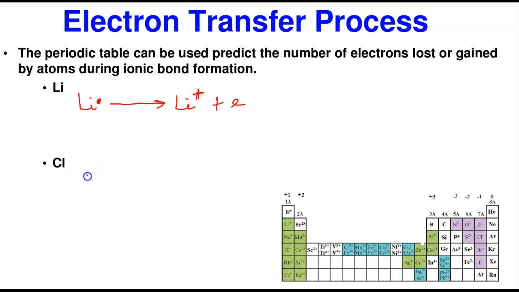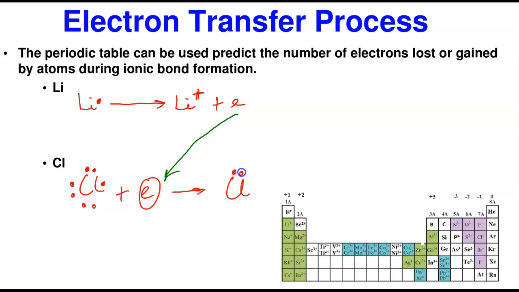Now, this is chlorine. Chlorine, of course, if you write the Lewis structure, has 7 electrons in its outermost shell. So it's missing 1 to be 8. So what's it going to do? It's going to gain that 1 electron. When it gains this 1 electron that is lost by this guy, what does it form? It forms the chloride ion.